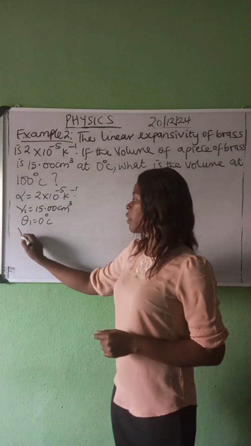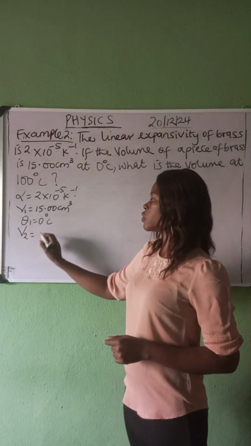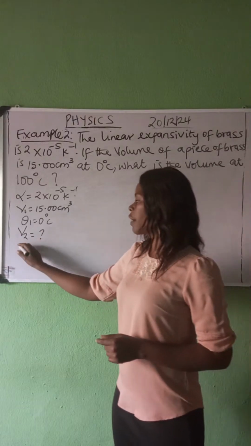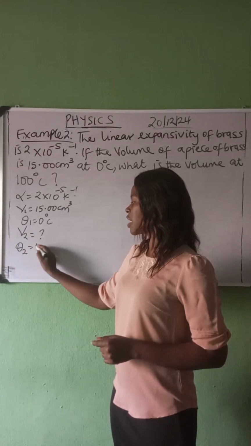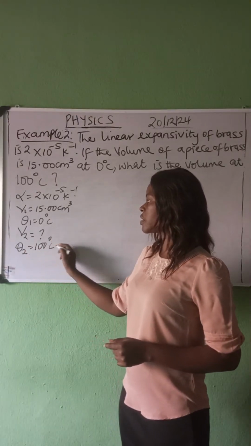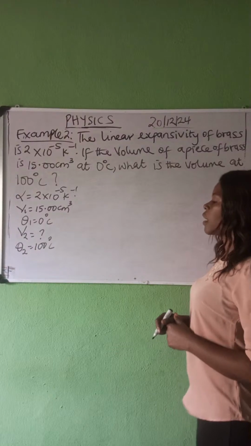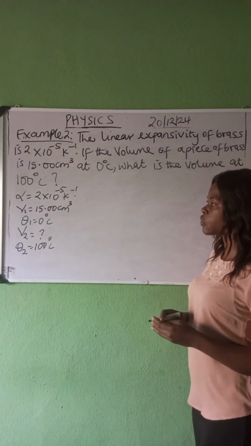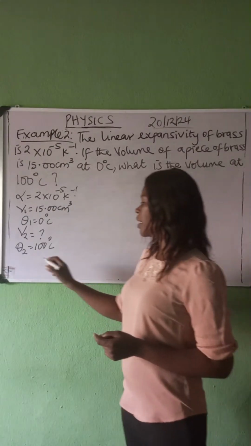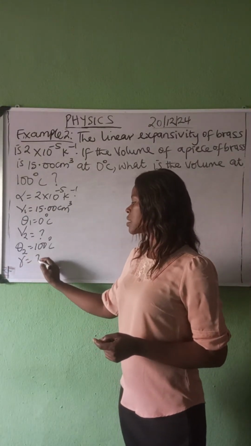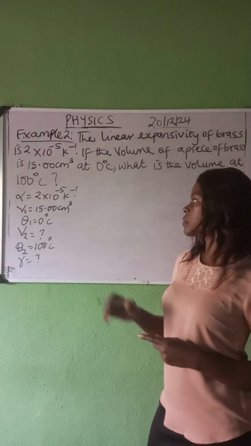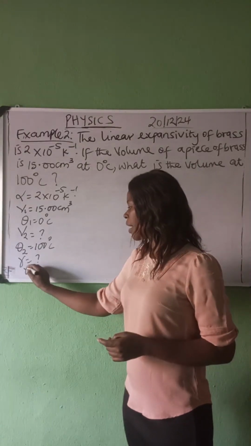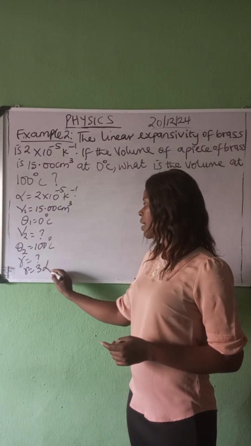So we are looking for V2, and the final temperature is theta 2, given as 100 degrees Celsius. Is that clear? All right. To solve this, the first thing we are going to do is find our gamma, because we are looking for the volume increase in the new volume. So remember that gamma is equal to 3 alpha.